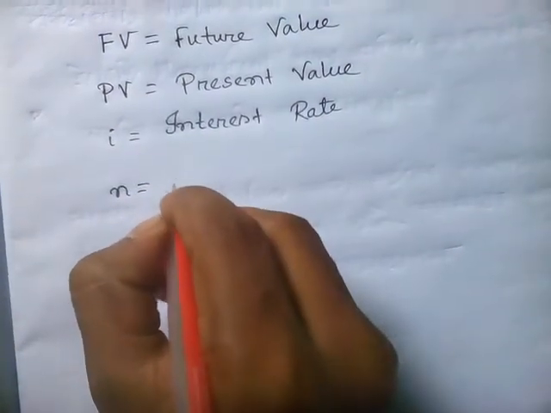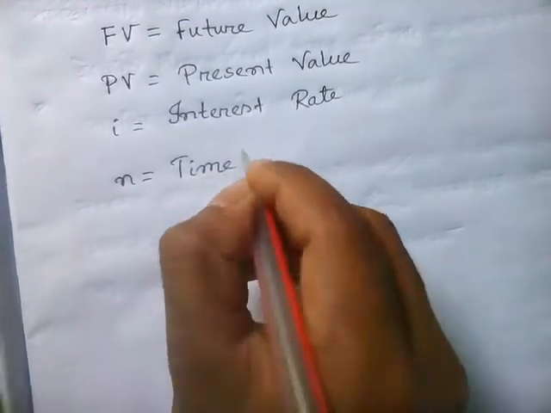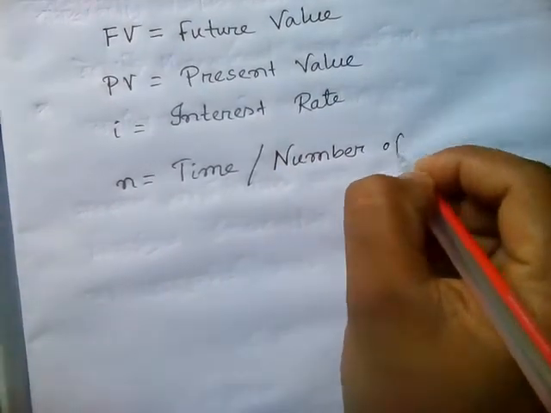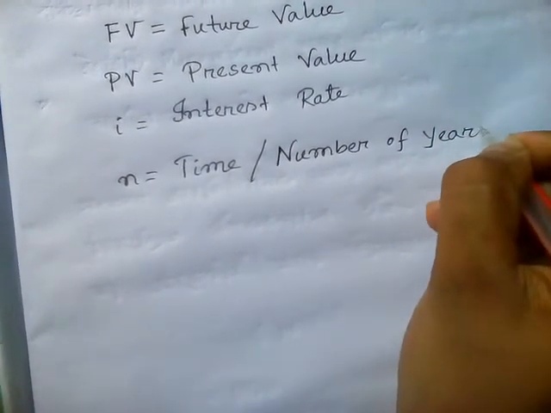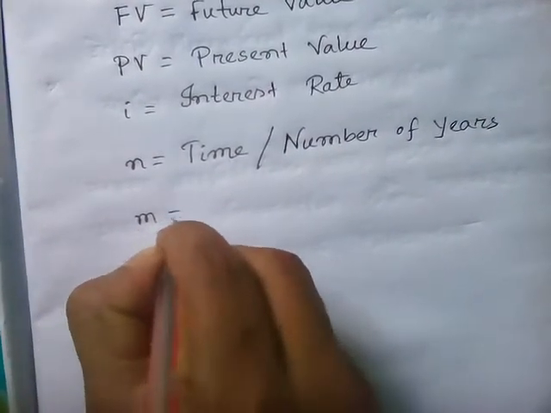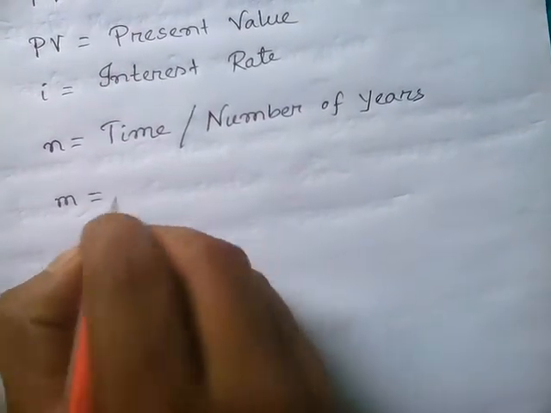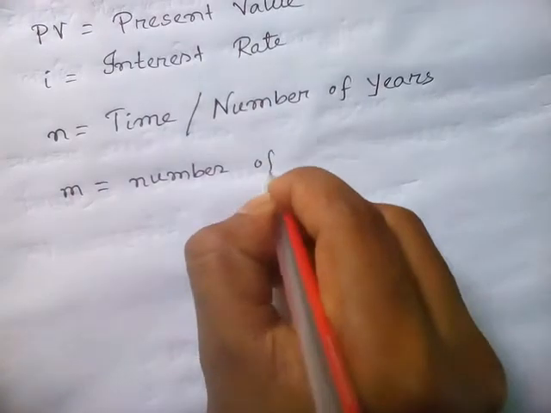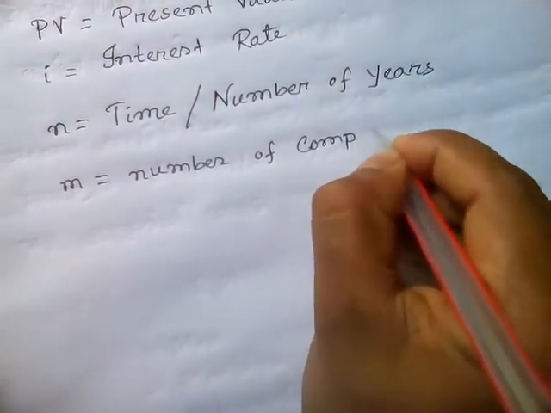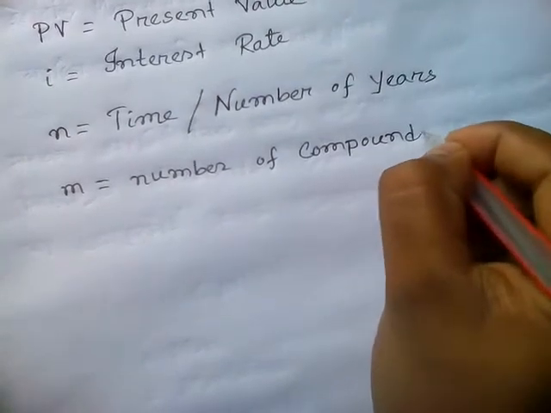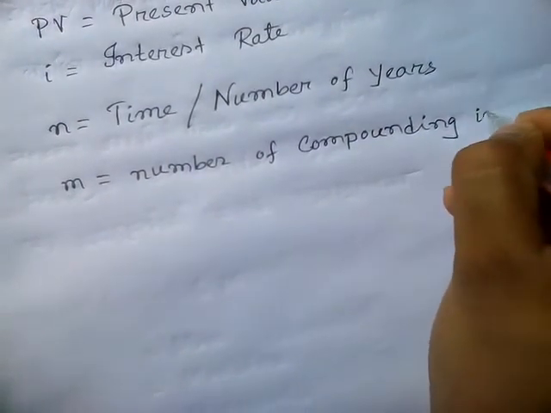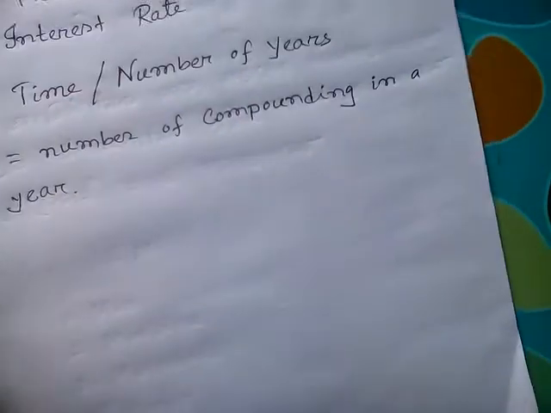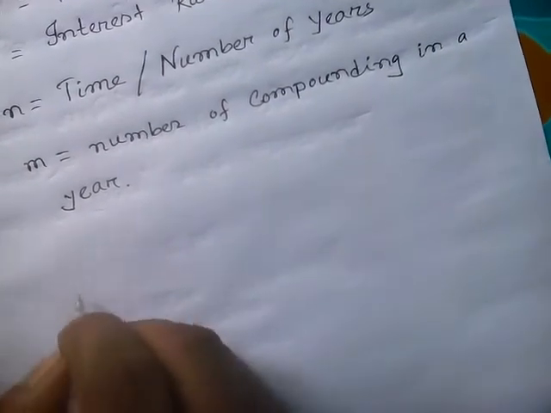N equals time or number of years. Then M means number of compounding in a year.